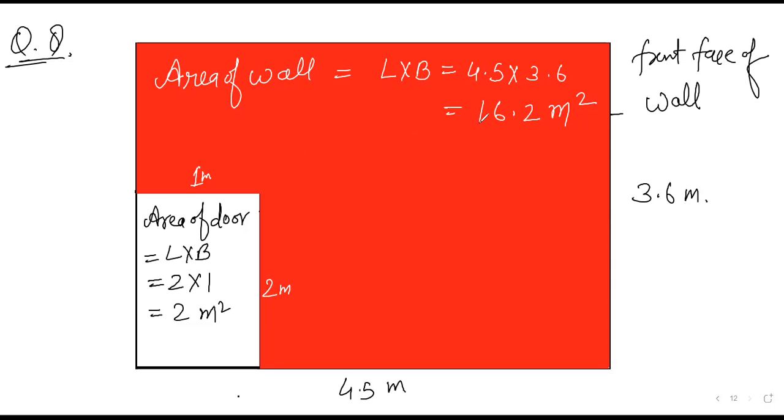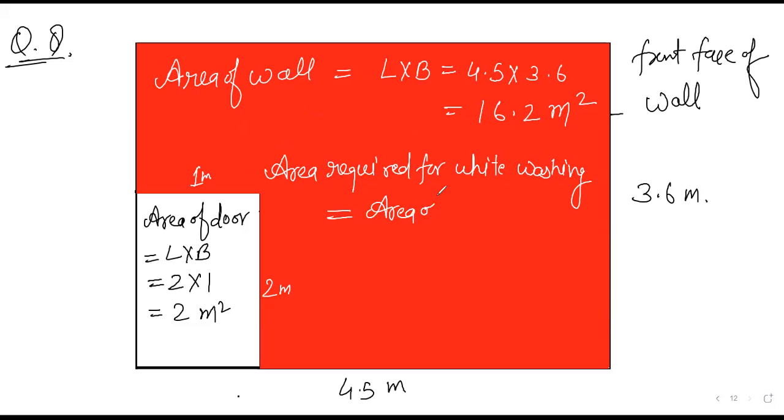Now if you want to paint or whitewash the wall, the area required for whitewashing is only the red parts. So area required for whitewashing is area of wall minus area of door, meaning we have to remove the area of the door.